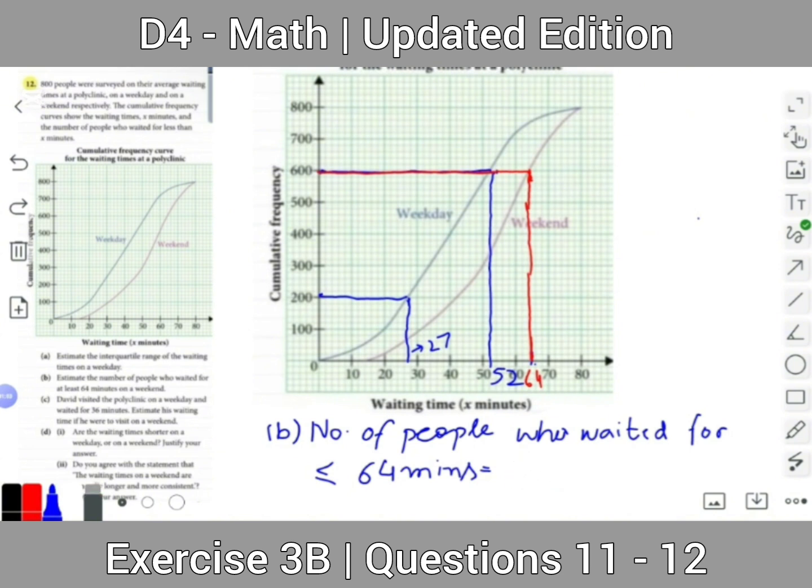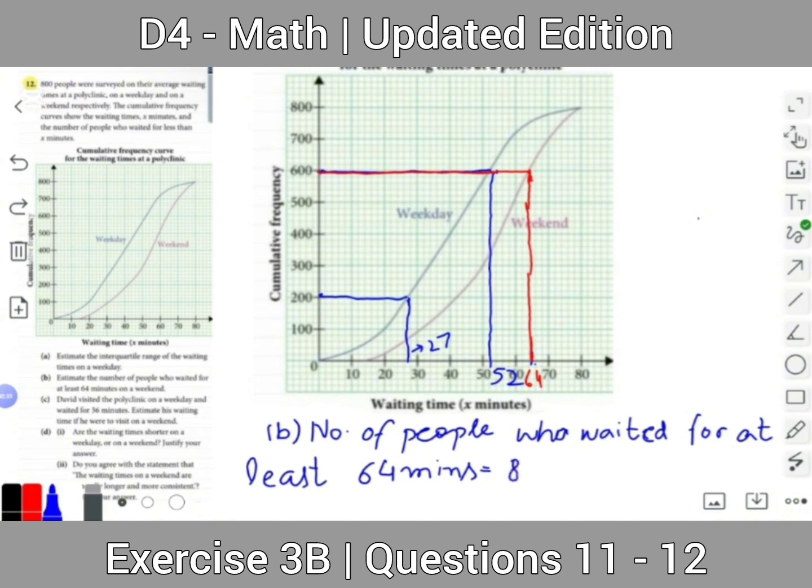Now the number of people who waited for at least 64 minutes can be found by subtracting the number of people who waited for less than or equal to 64 minutes from the total number of people.